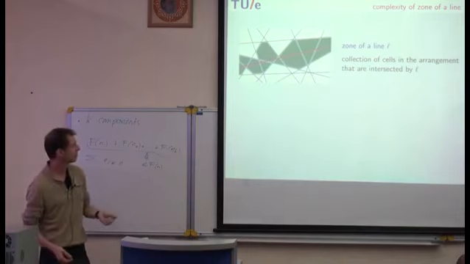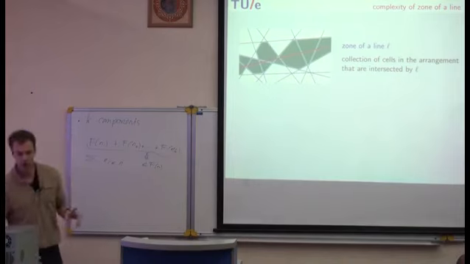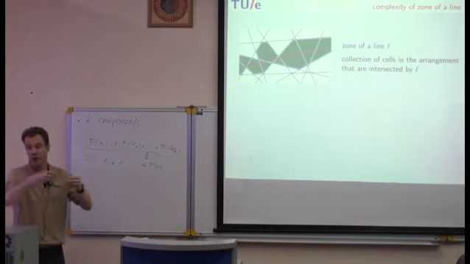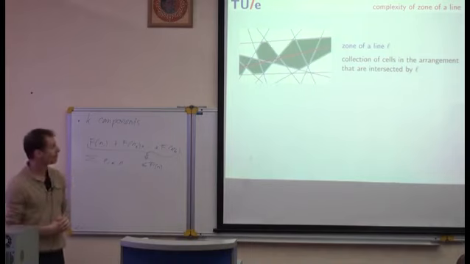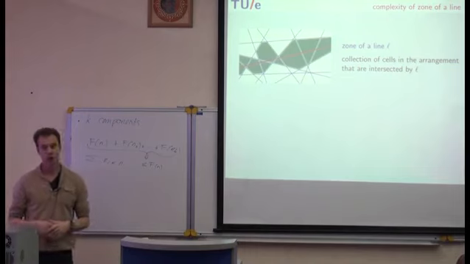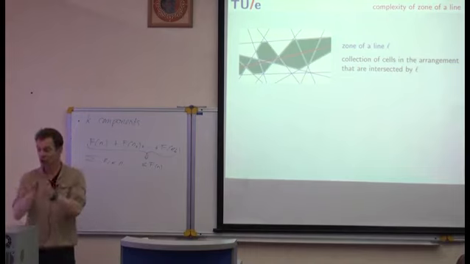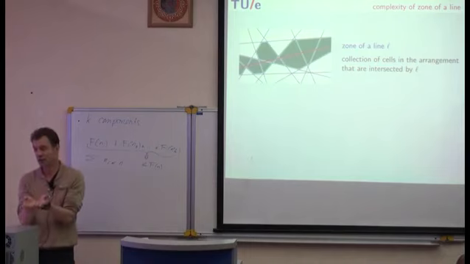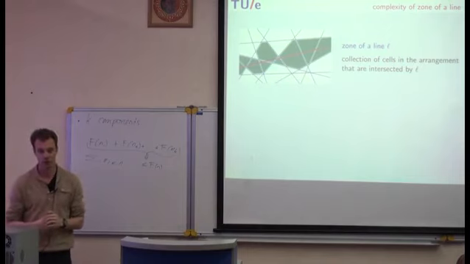N, right, or n plus 1 or something like this. It intersects all the other lines and you always go to another cell. So you could say, well, I know that the complexity of one cell in an arrangement of lines is linear. I intersect n of them, so maybe in total, if you sum up all the complexities, it can be n squared.